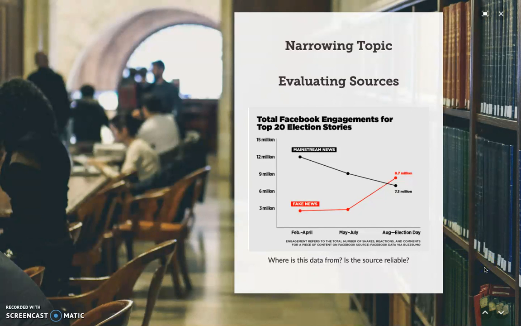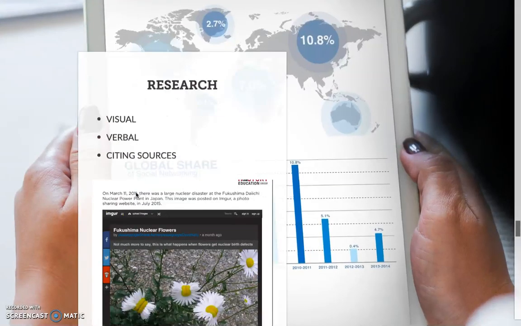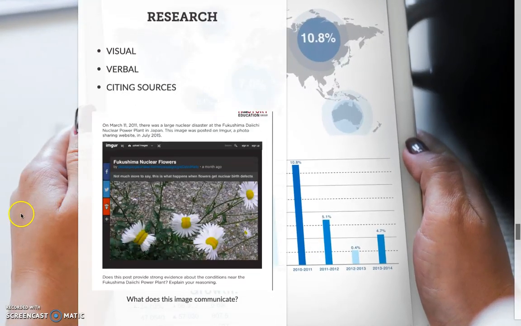After we evaluate sources, we go ahead and dive into research. And these students will have to do research not only for verbal information, for quoting from experts and data, but incorporating visual research.